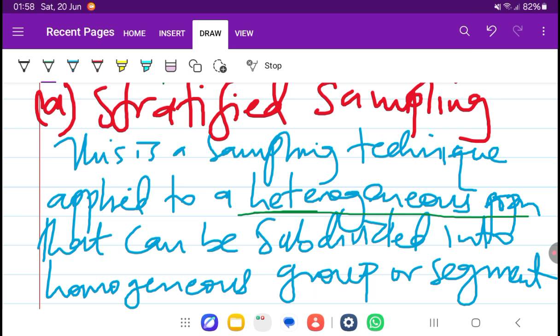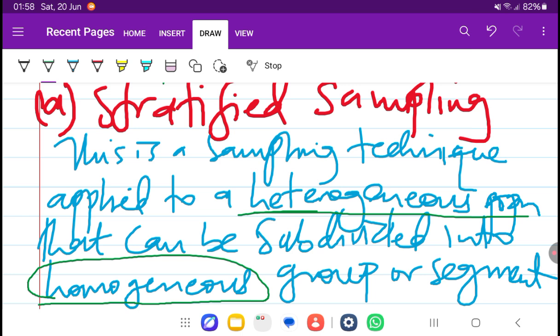That's the population that we call the heterogeneous. Then homogeneous means this is the population that has the same attributes or features. For example, you can have a group of people maybe from the same tribe. That would be a homogeneous group.